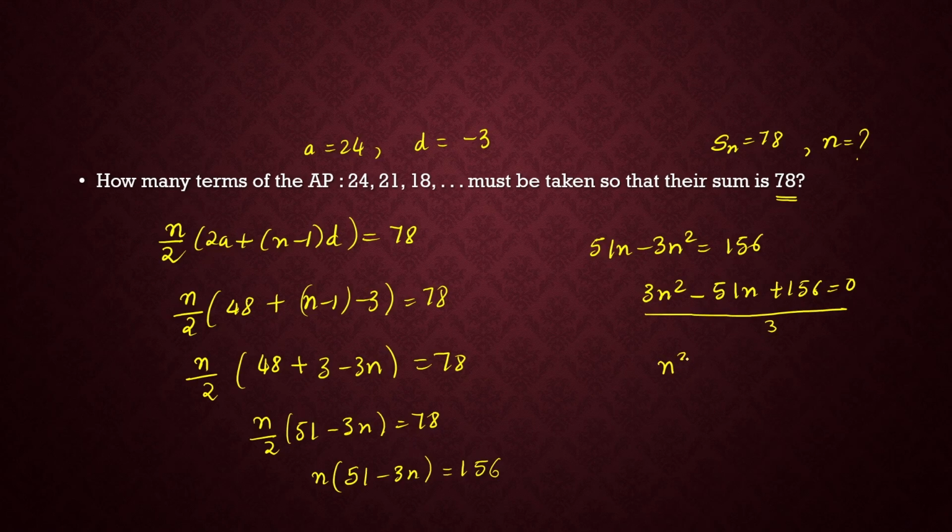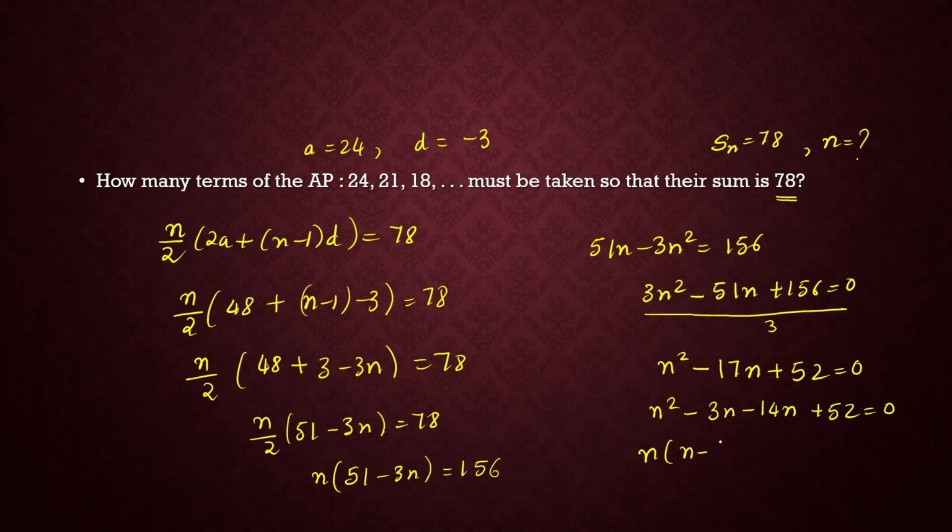So this becomes n square minus 17n plus 52 is equal to 0. I can write this as n square minus 13n minus 4n plus 52 is equal to 0. Sorry, it's not 14, it's going to be 4 and 13.